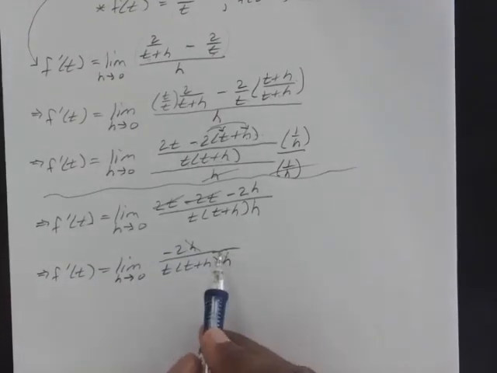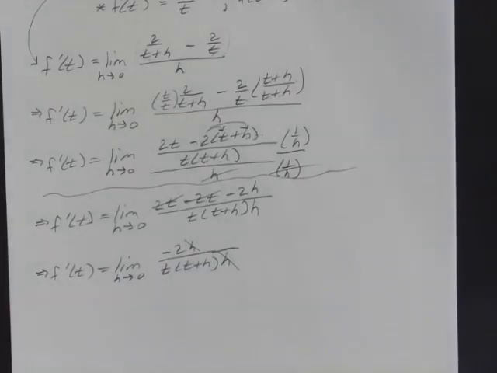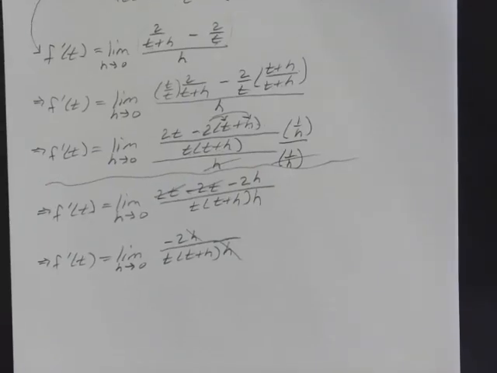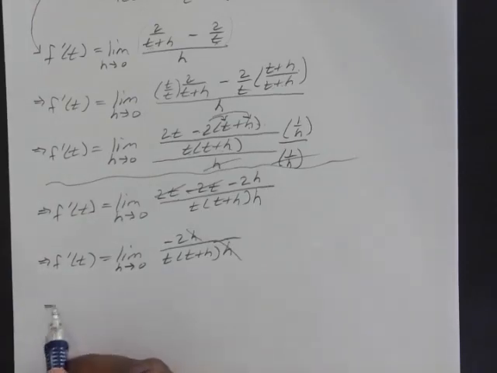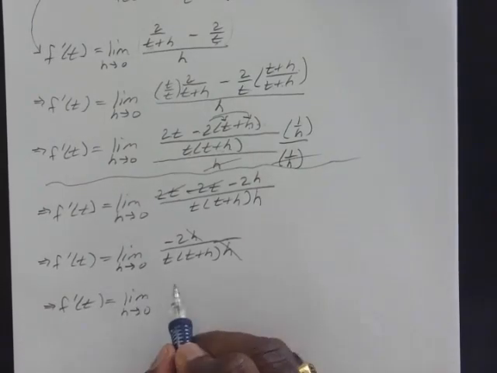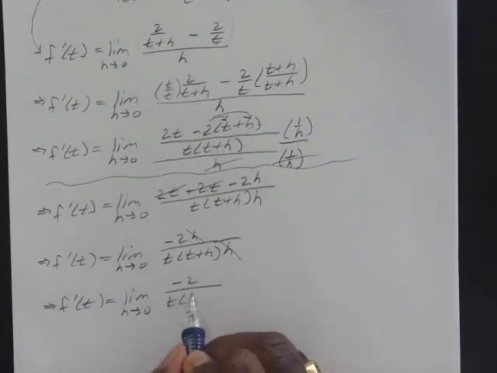We can see there that the two h factors cancel each other out. Okay, so that gives us f prime of t is equal to the limit as h approaches 0 of negative 2 divided by t times t plus h.